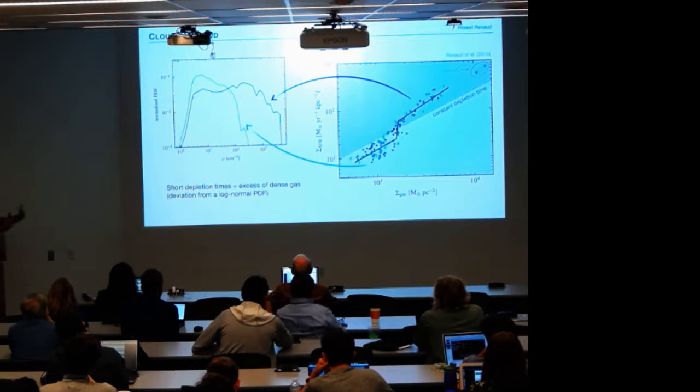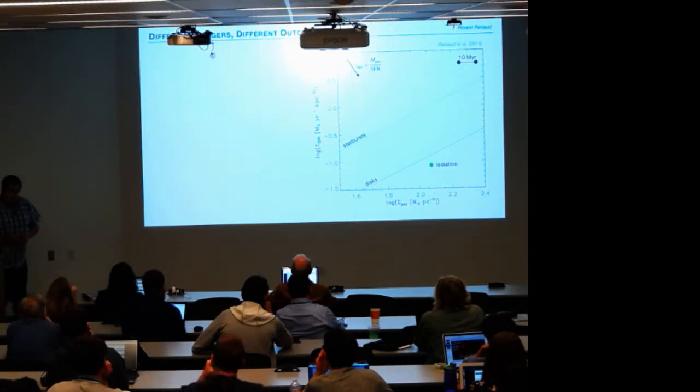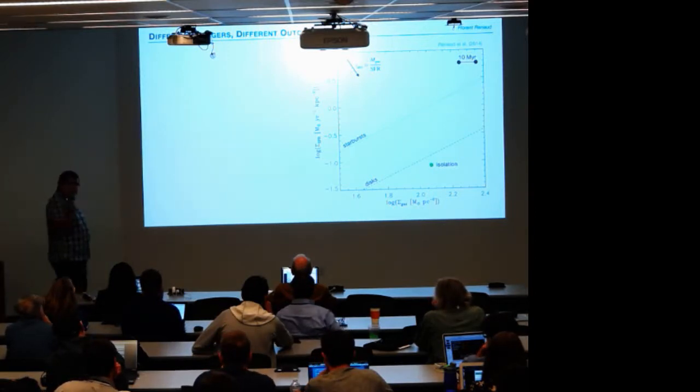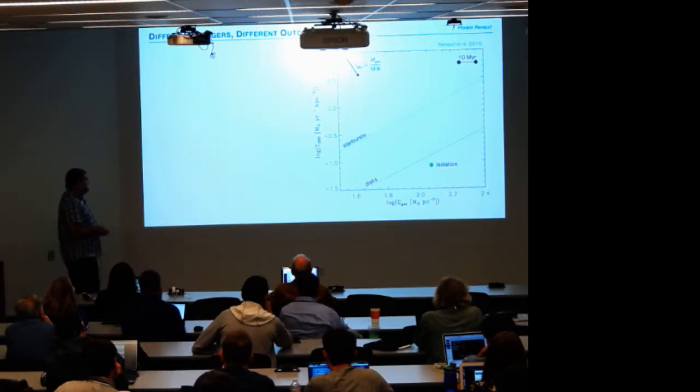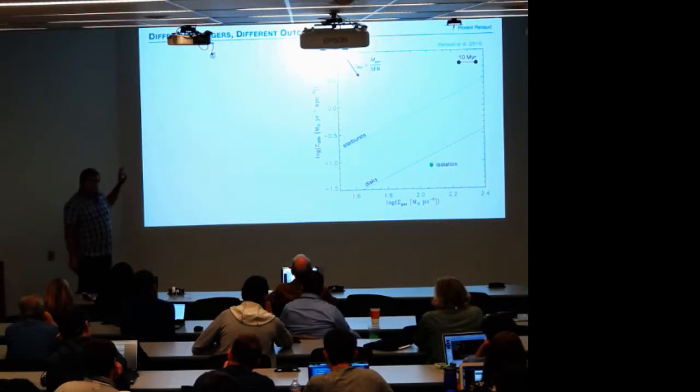Now, how can we translate this back into large scales? Well, it's not so easy, but maybe if we go to the time dimension, that will make a bit more sense. So here I'm showing you now the evolution in time of the entire system of the Antennae galaxies that we model. Just to get your eyes, I have the regime of disks here, the regime of starbursts up there. We start just below the regime of disks, here in isolation. And now I will plot the evolution.